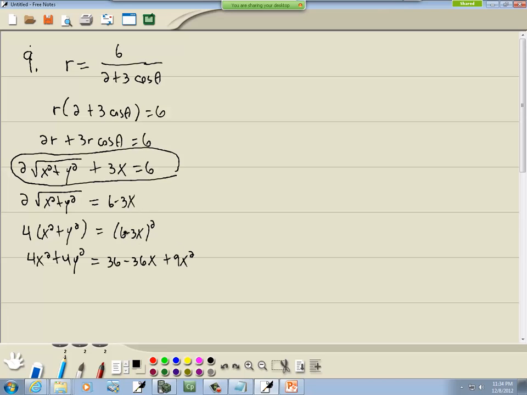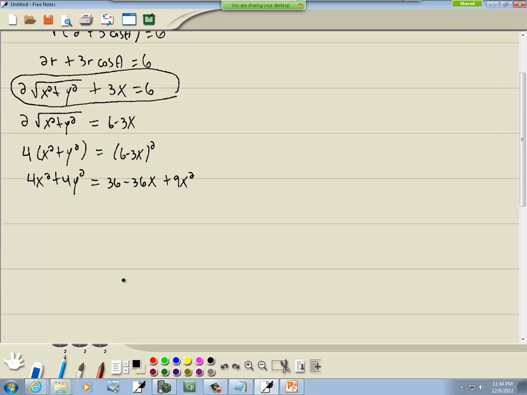Maybe because it's 11:30, but I'm having trouble thinking about that. Let me see. 36, 6 times 3 is negative 18. Yeah, it looks right. Okay, so I guess I'll take these over to the right side.